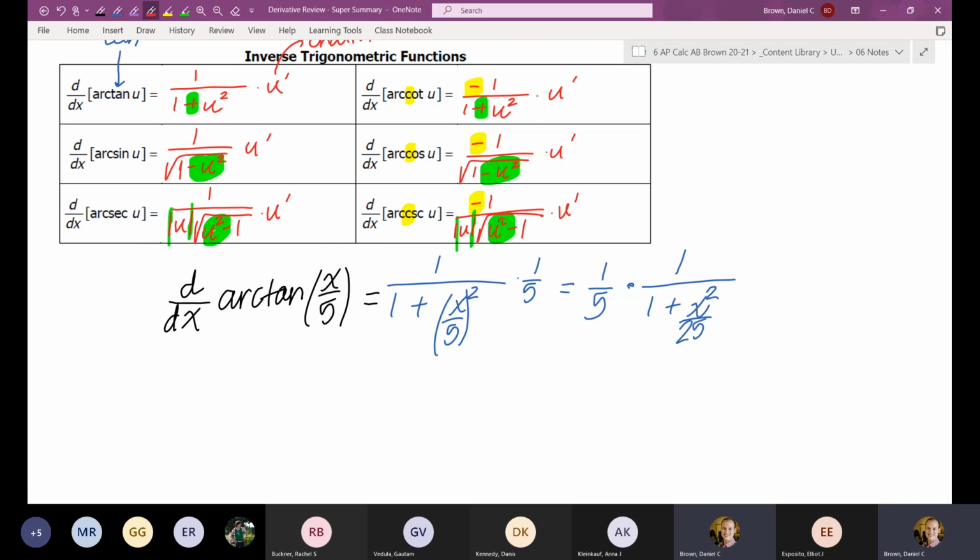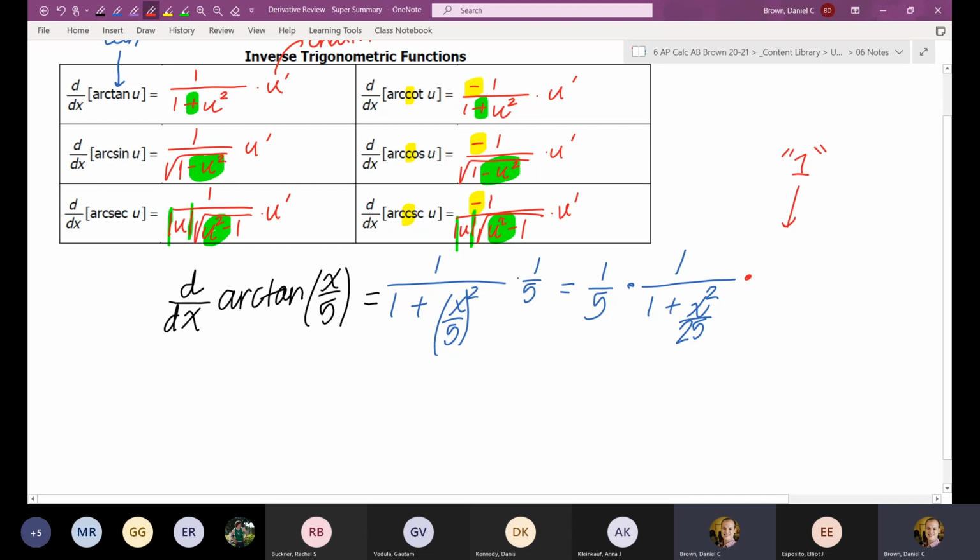One kind of gross thing that happens when you take the derivative of inverse trig functions is you often end up with denominators within denominators, or just a lot of simplifying and a lot of algebra to take care of. Right now, if I'm simplifying this one, that extra 25 is like a denominator within a denominator, just in the way. It's not simplified. There are different routes you can take to simplify it, but I think the easiest way is to multiply it by 1.